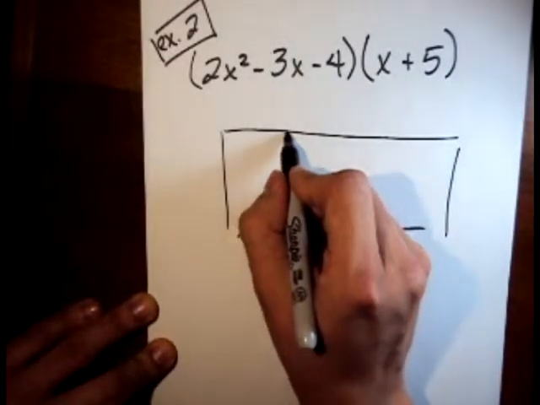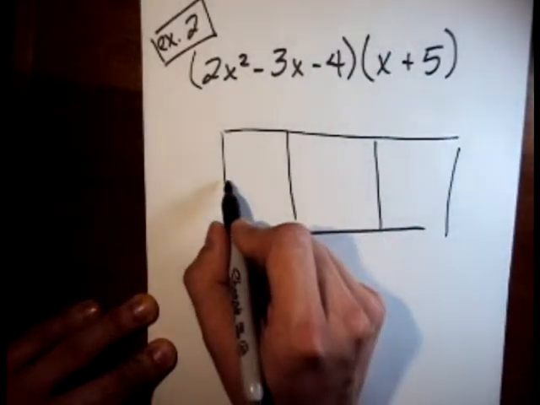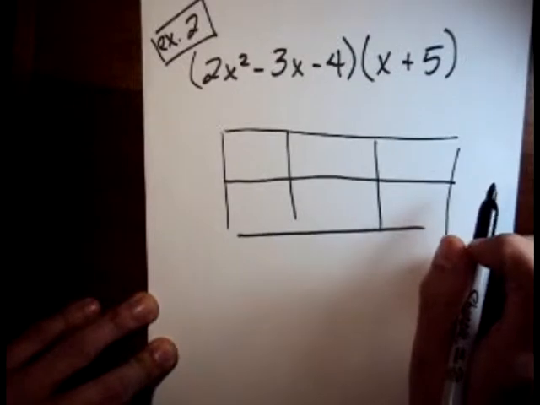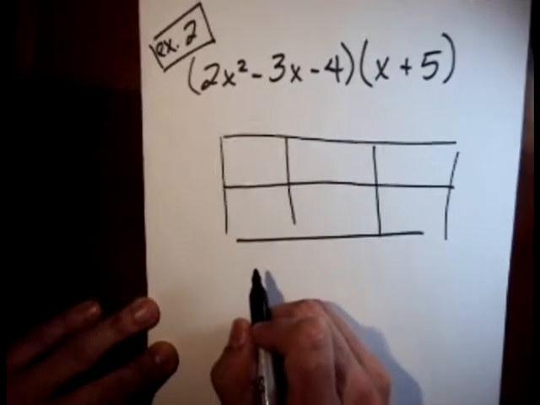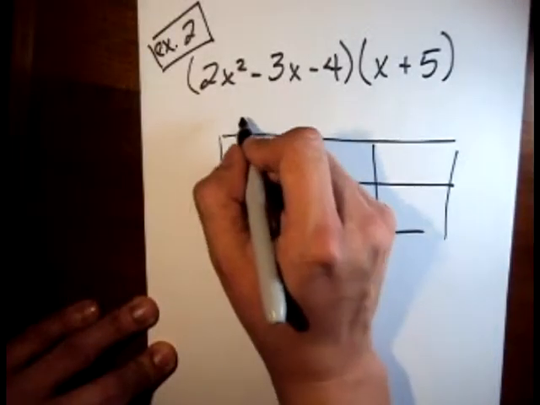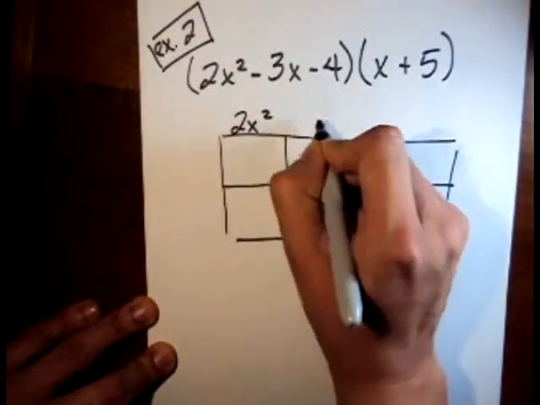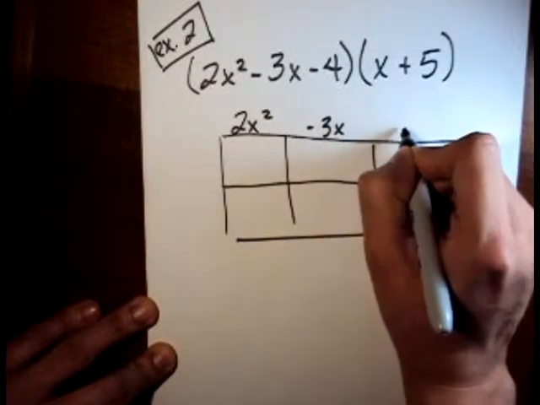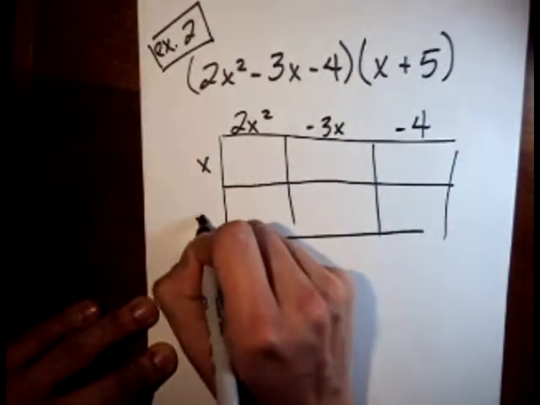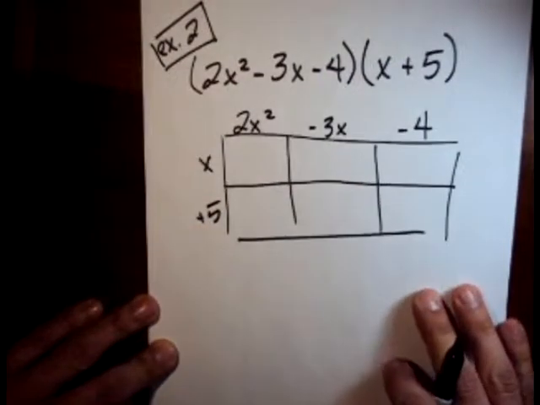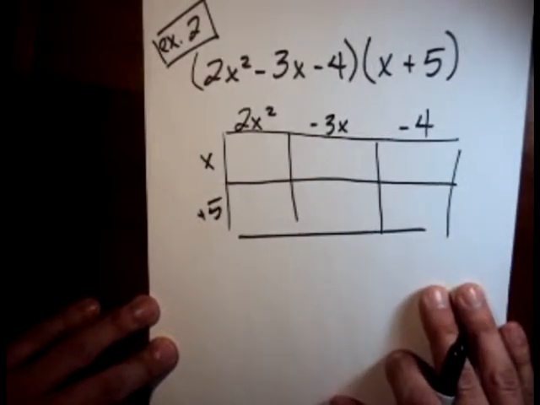And you don't have to use these, but I find that they help keep me organized. So we have 2x squared minus 3x minus 4 across the top, and then an x plus 5 on the side here.